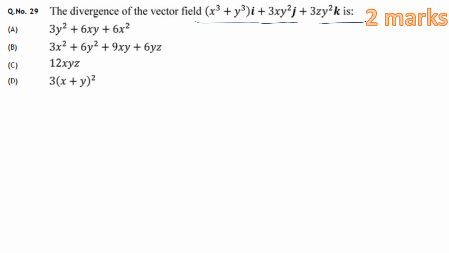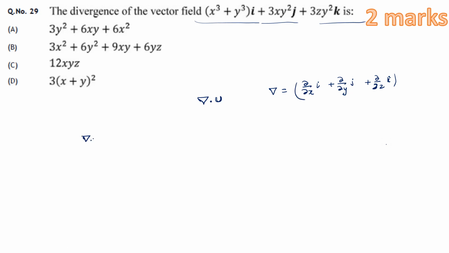To find the divergence, we take the dot product of delta with this function of x, y, z which we have. Let us write it as u. And we know this delta is equal to del by del x i plus del by del y j plus del by del z k.